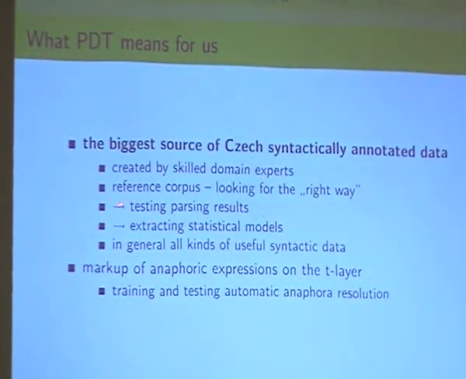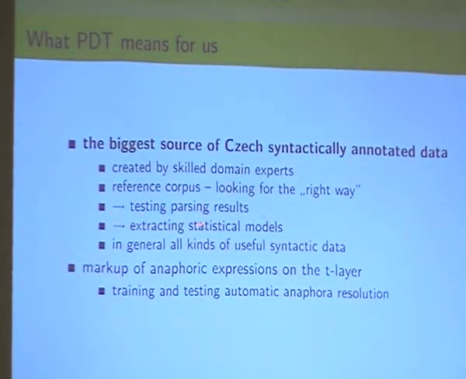We use it as a reference corpus, for example, in the case of parser development. We are looking for the right way how to do the syntactic analysis. Actually, you have in the PDT some kind of reference, which means when we should decide how to handle a particular phenomenon, we may decide according to PDT.